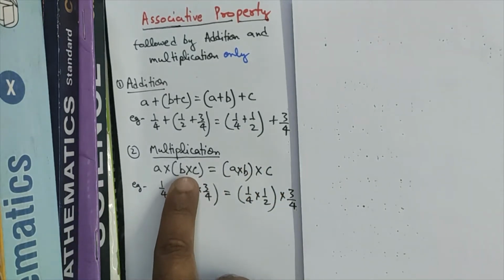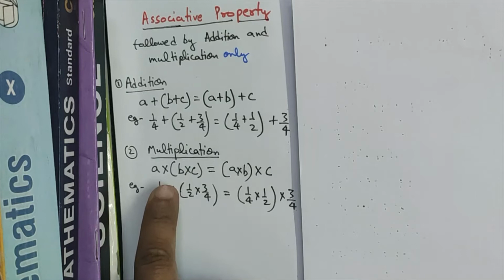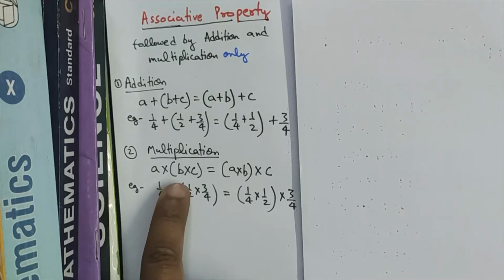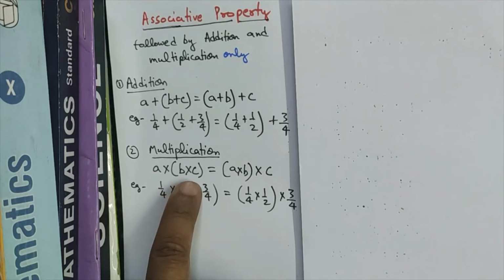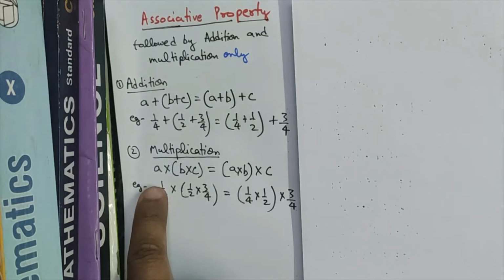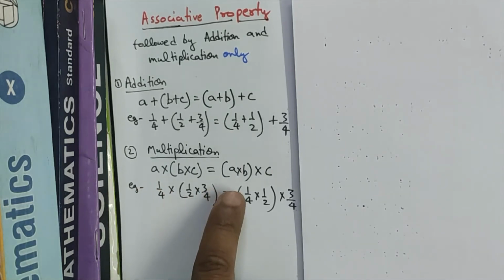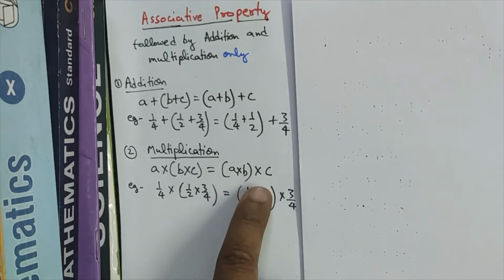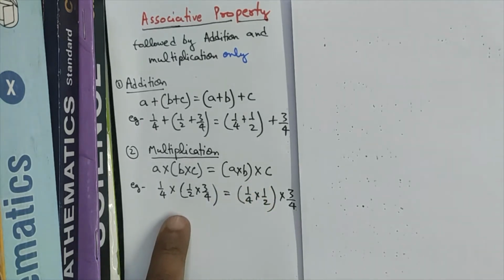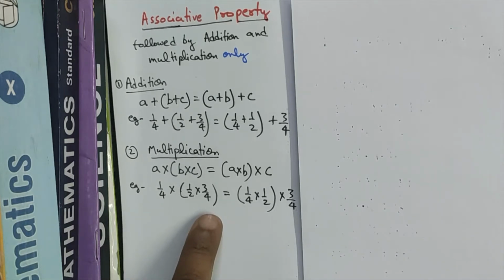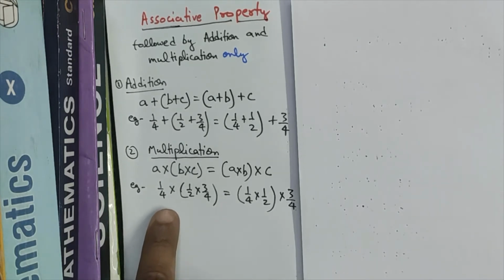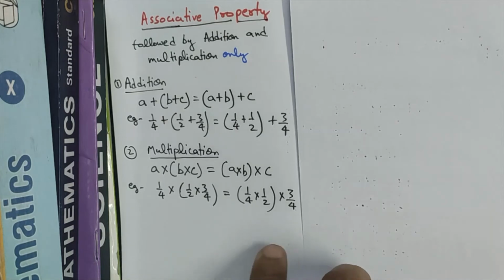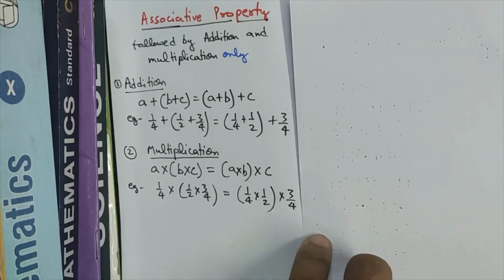Similarly, in multiplication also, the product of B and C multiplied by A will be equal to the product of A and B multiplied with C. Example, the product of 1 by 2 and 3 by 4 multiplied by 1 by 4 will be equal to the product of 1 by 4 multiplied by 1 by 2, and this product multiplied by 3 by 4.